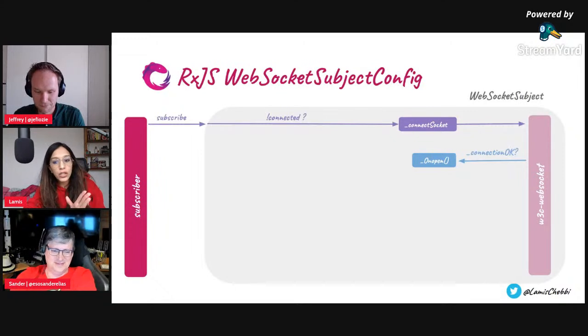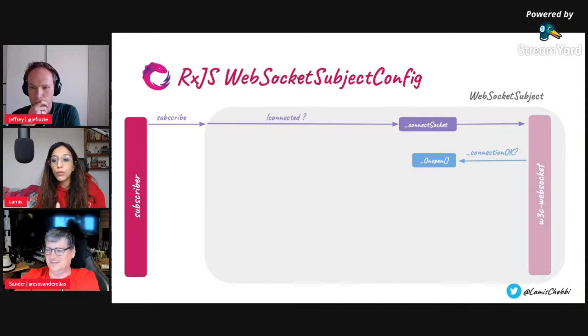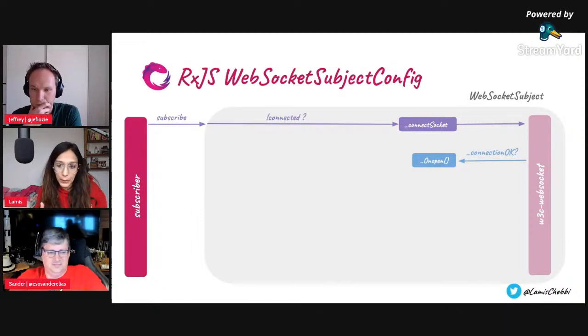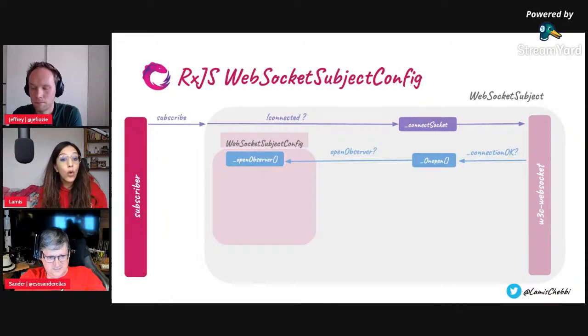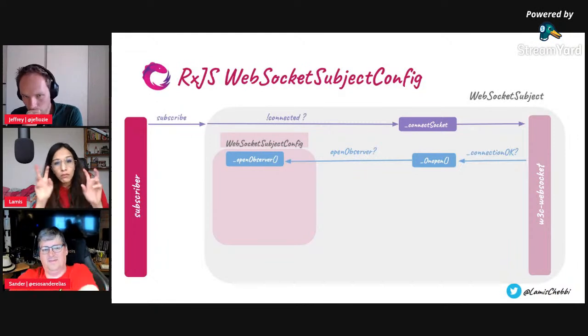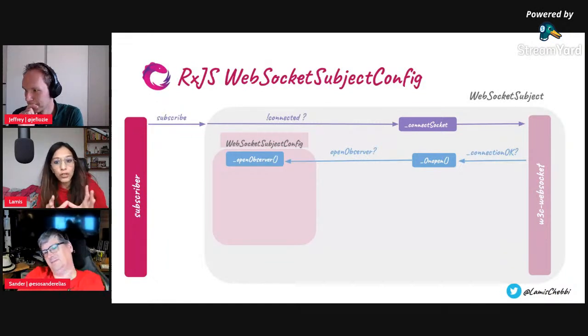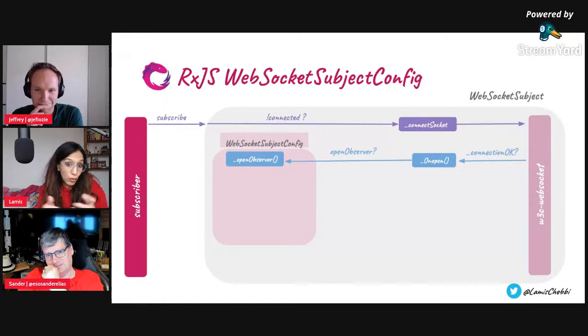If it's okay, the connection is established, so the onOpen method will be called, which is available in the W3C WebSocket interface. Then this will call the open observer. It will check if this open observer is overridden. It will call the overridden implementation, or to be more accurate, the function you pass to the open observer property.